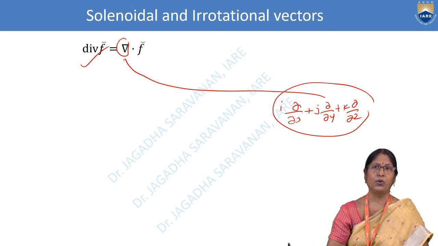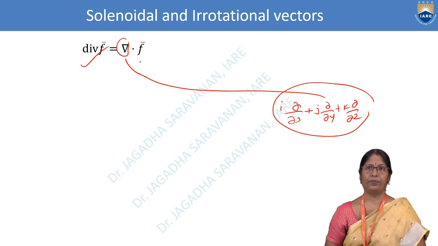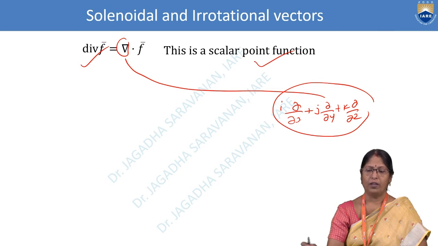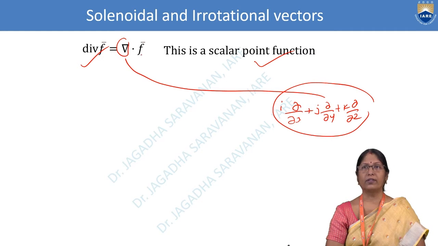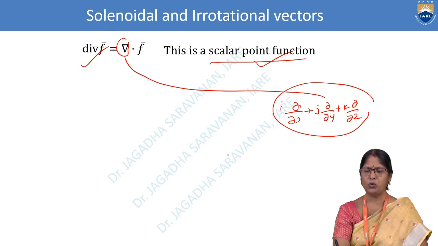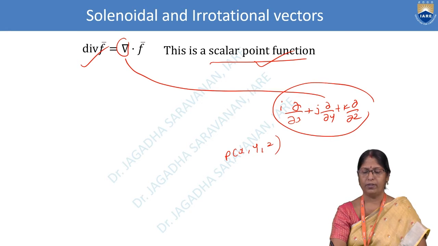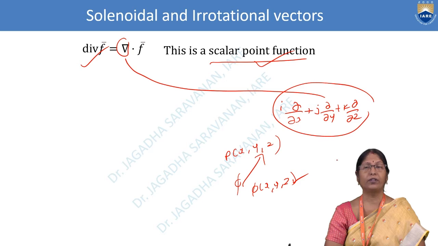In symbols, it is denoted grad dot vector f. Now, this is a scalar point function. After taking this dot product, the result will be a scalar point function. That is, if to each point p of x comma y comma z we associate a unique real number, say phi, then phi of x comma y comma z is nothing but a scalar point function.